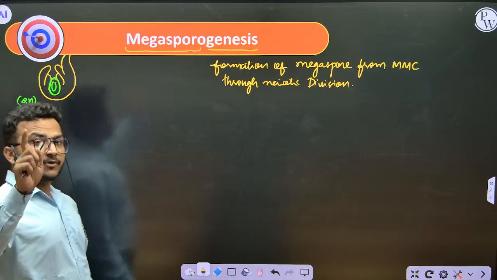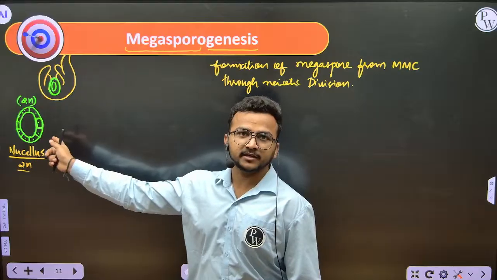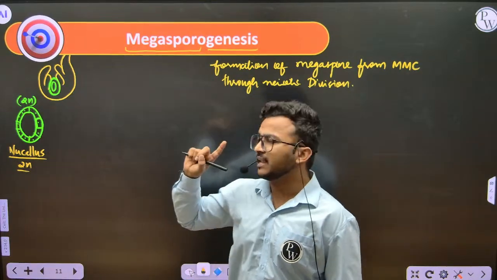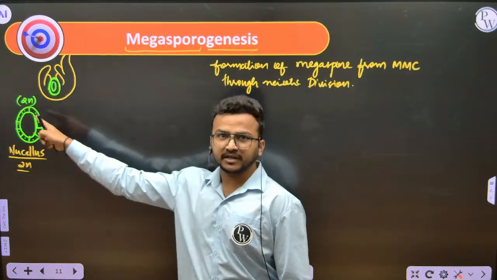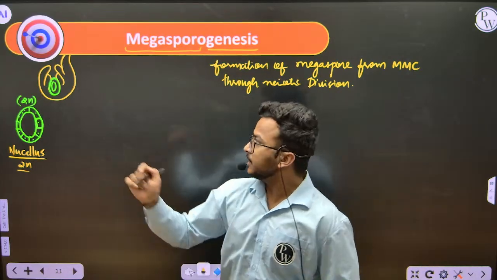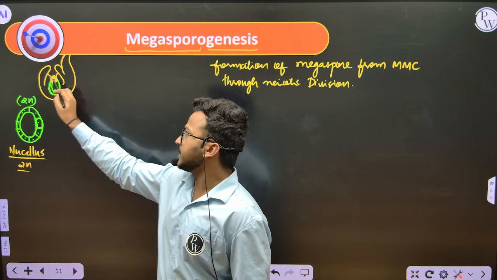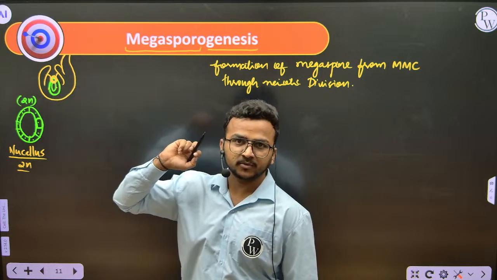See, there are many cells surrounding here. One of the nucellus cells from these surrounding cells will take the initiative and come forward from the micropylar end. Usually in most of them it comes from the micropylar end.